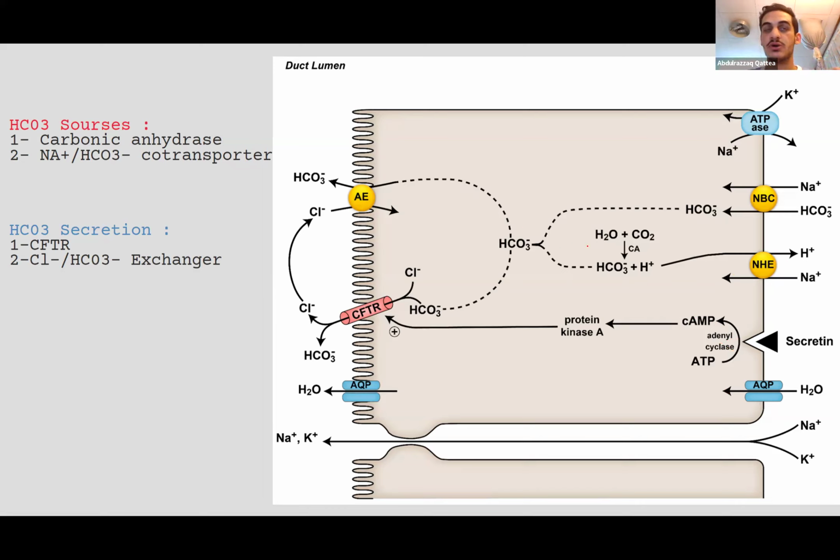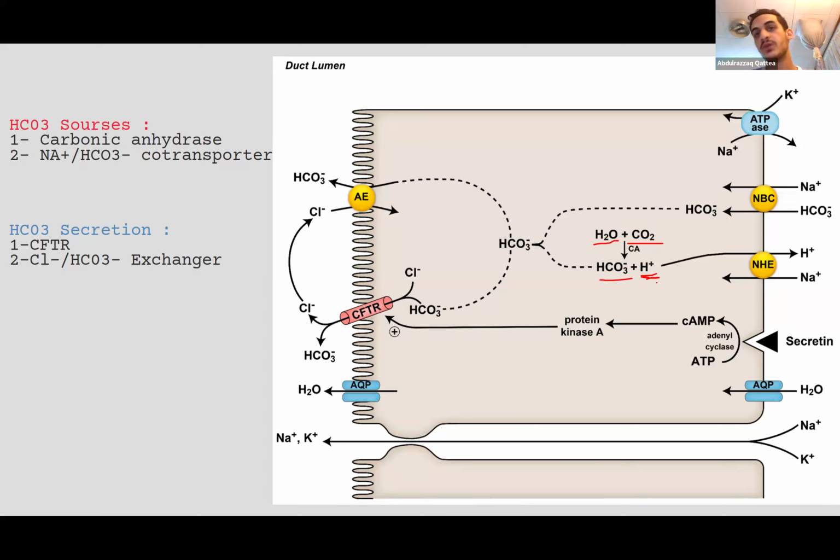So what's the first source? The first source is carbonic anhydrase. What carbonic anhydrase simply is: we have water and carbon dioxide, and when they come together, they form one acid and one base. This is called carbonic anhydrase. For the acid, or the hydrogen, as we said, we don't want the environment in the duodenum to be more acidic.